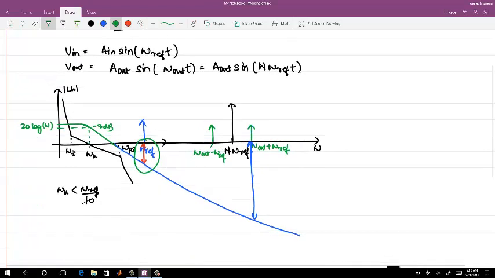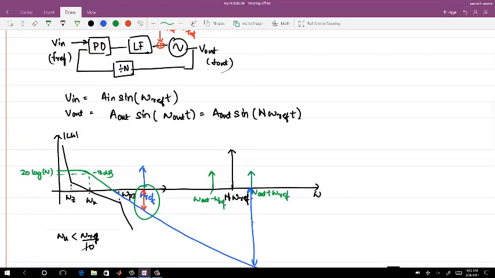So let me call it V noise reference, which you get here at your reference frequency, filtered by your loop filter at the input of the VCO.